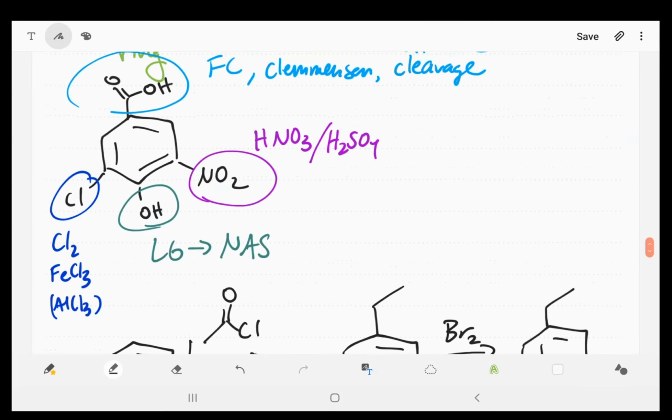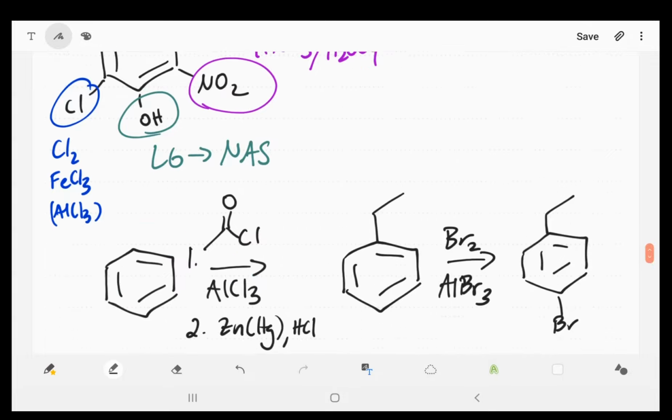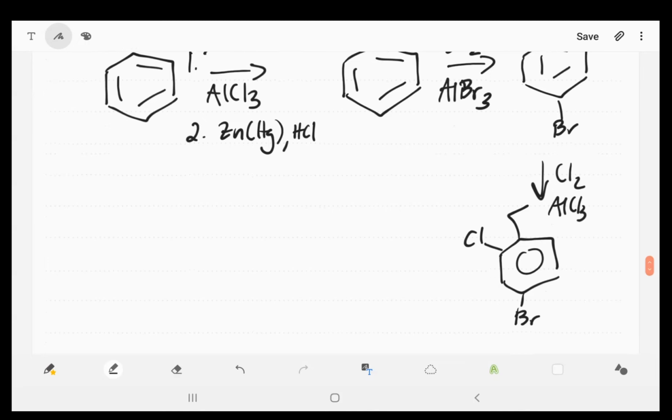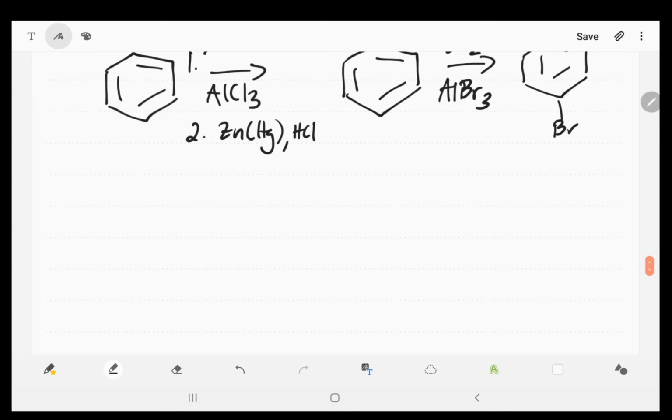We want it ortho to the leaving group. Make sense? I forgot the strongest one determines it. Yeah, it'll lead us where we need to go.